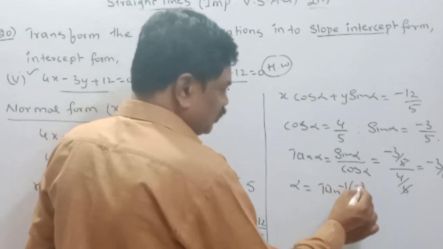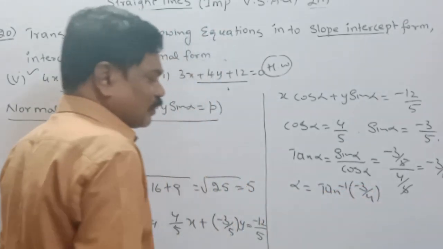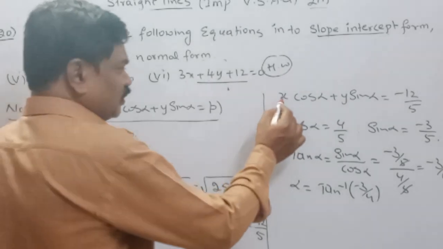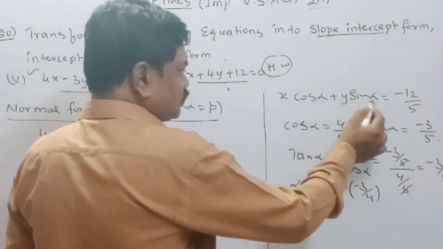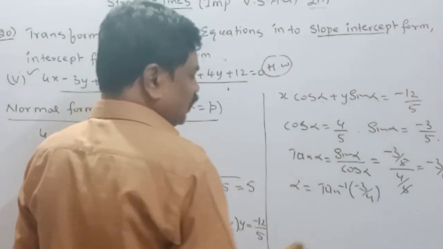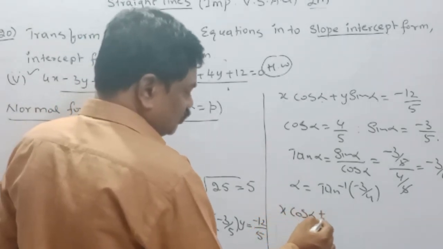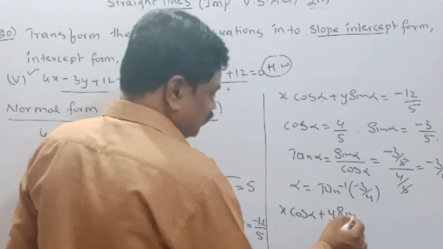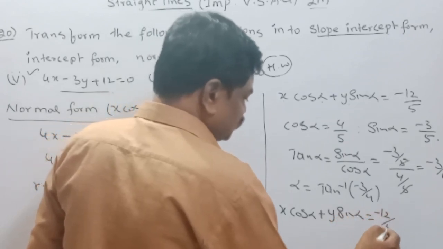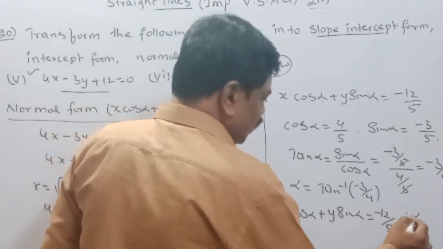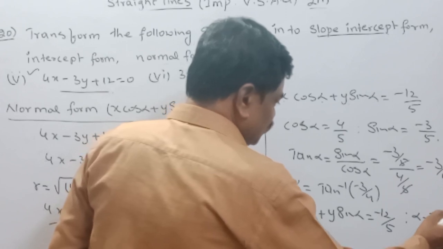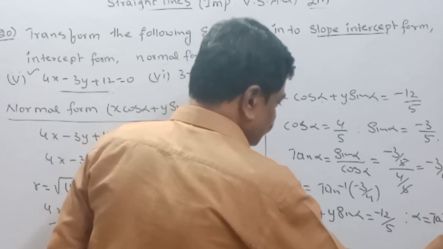Tan inverse of minus 3 by 4. So, here x cos alpha plus y sin alpha is equal to minus 12 by 5, where alpha is equal to tan inverse of minus 3 by 4.